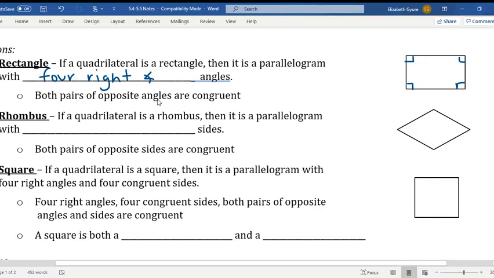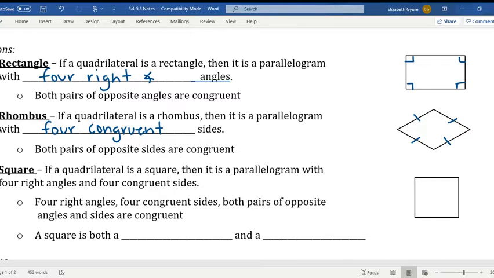So if a quadrilateral is a rhombus, then it is a parallelogram with 4 congruent sides. Both pairs of opposite sides in this situation end up being congruent. That makes all 4 of them congruent, and that makes it a rhombus. So all 4 of your sides here will be congruent.